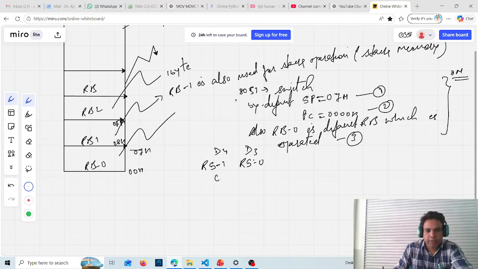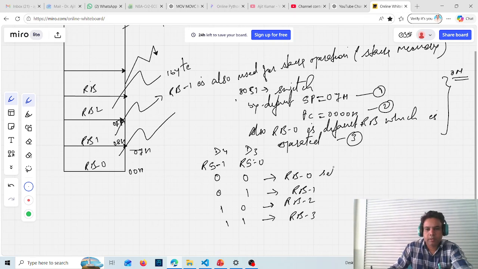For example, if they are 0, 0, then register bank 0 is selected. Similarly, if they are 0, 1, then register bank 1 is selected. When they are 1, 0, then register bank 2 is selected. And finally, if they are coded as 1, 1, then register bank 3 is selected. So I'll write here select.